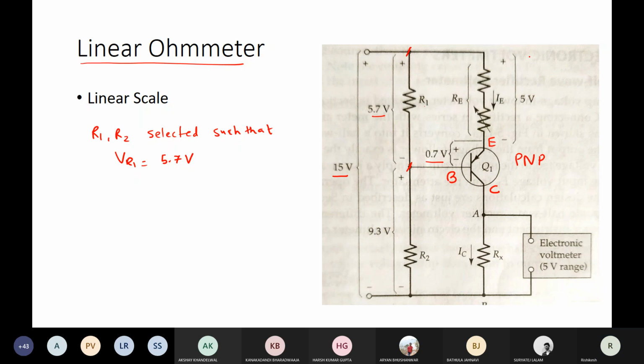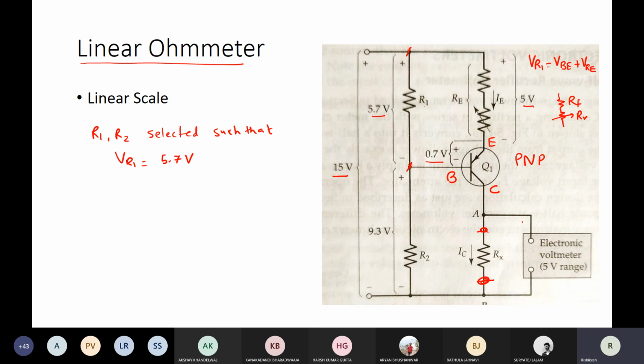So this VR1 is equal to VBE plus VRE. Right, so VRE becomes 5 volts. Now here see that RE consists of two resistances. One is a fixed resistance and one is variable resistance. Right, now you can see that the collector consists of the unknown resistance which is connected here.